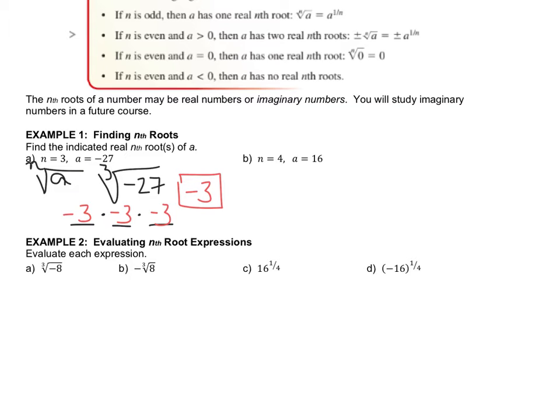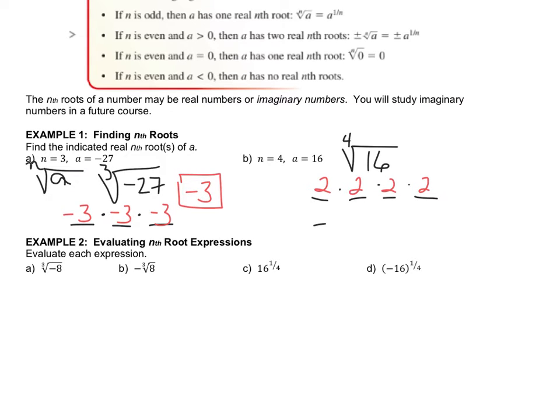Again, the a goes underneath, and the index, the nth root, is 4. So now we have to think, what is something times itself 4 times? Well, 2 times 2 is 4, times 2 is 8, times 2 is 16.